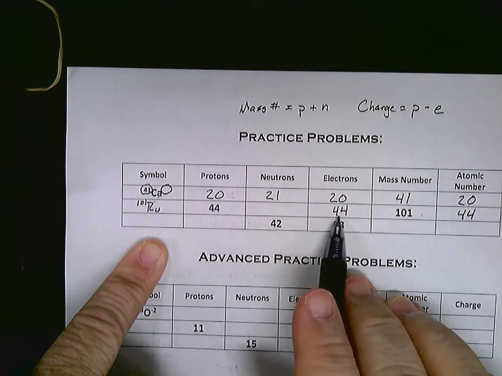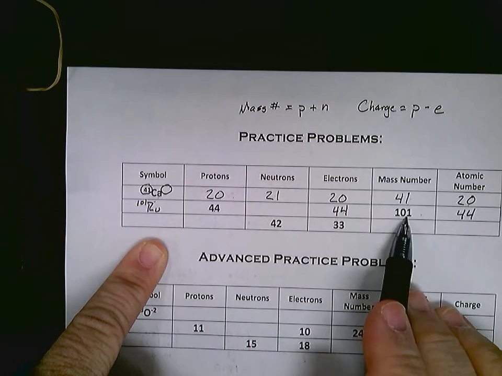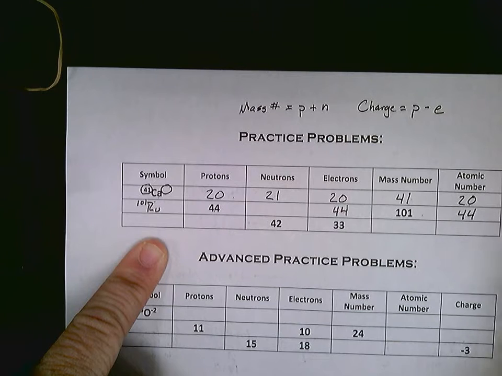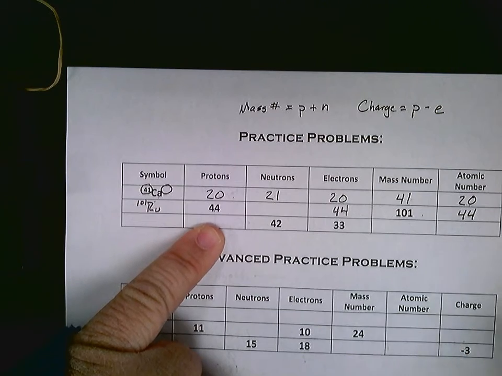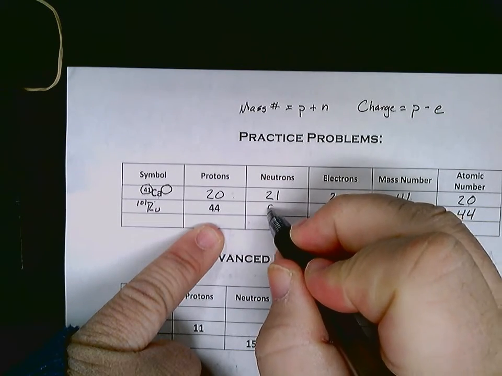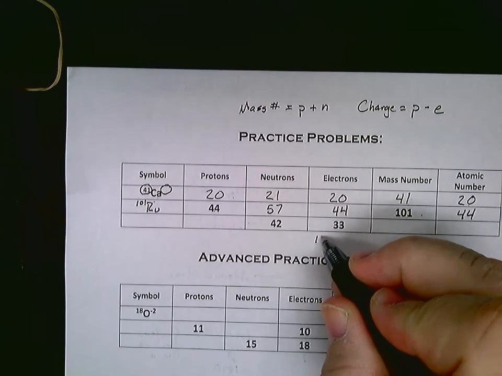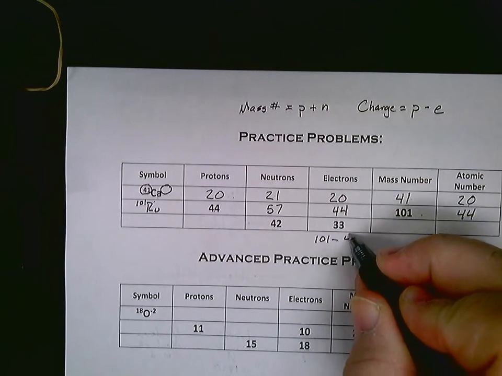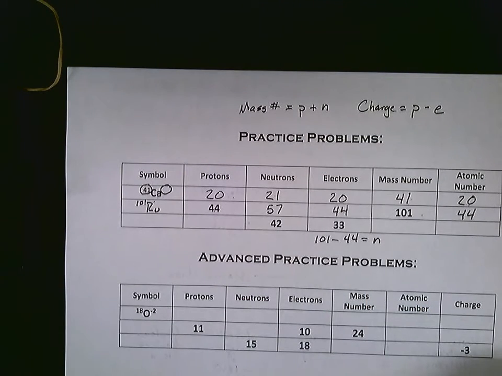Given that, 44 plus the number of neutrons equals 101. So we're going to subtract, 101 minus 44 equals our neutrons. We get 57. So we have 57 neutrons.